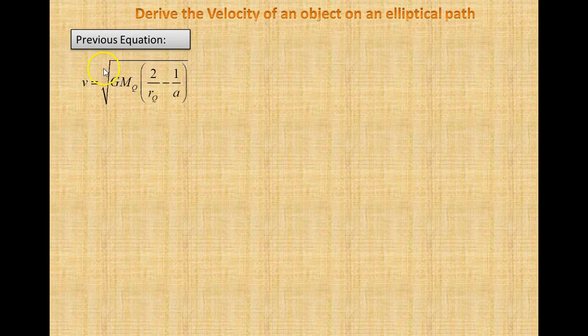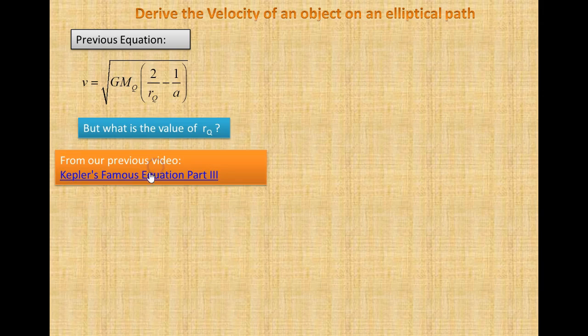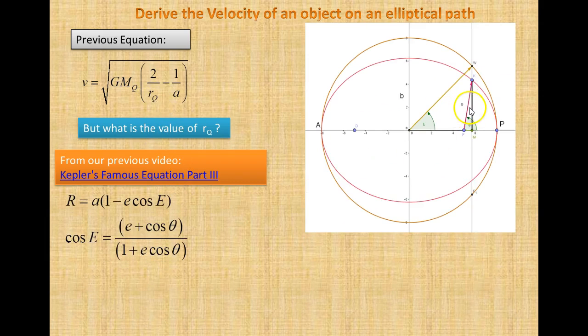So here's our previous equation for our velocity. But what is the value of RQ? Well, we haven't determined that yet, but we did in a previous video, Kepler's famous equation, part 3, where we determined R. And here it is. This is our RQ. This is our Q. Our R to the satellite is RQ.